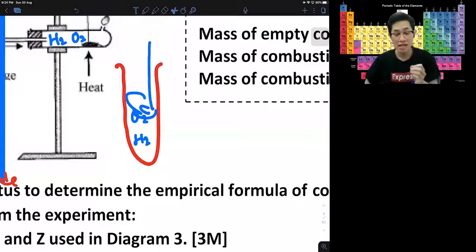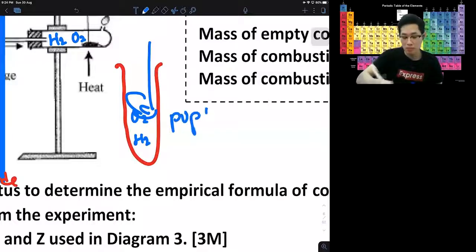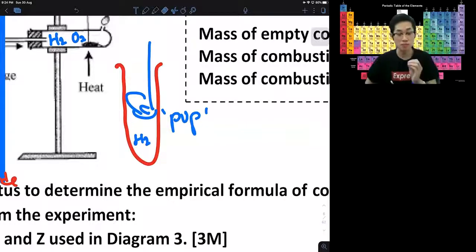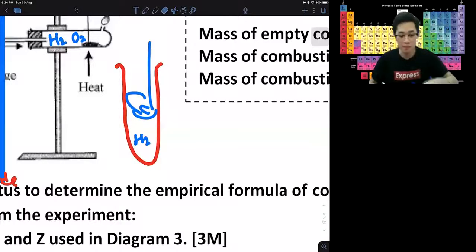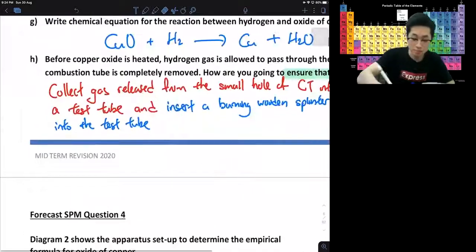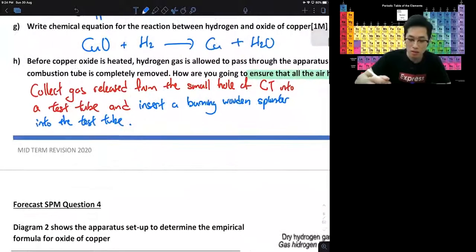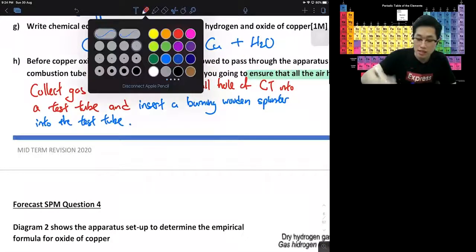If the test tube has H2 and O2 together, then what happened? It is going to cause a pop. If the test tube only contains H2, then what happens? There will be no pop sound. Insert it.